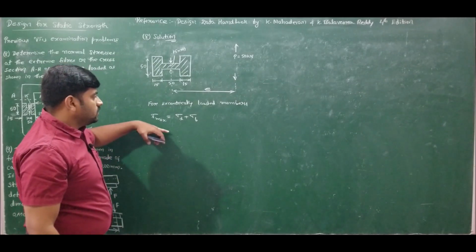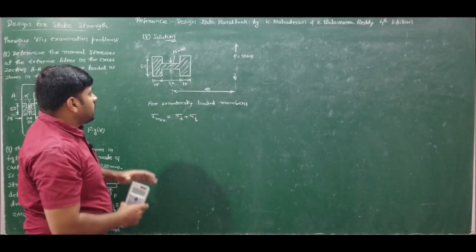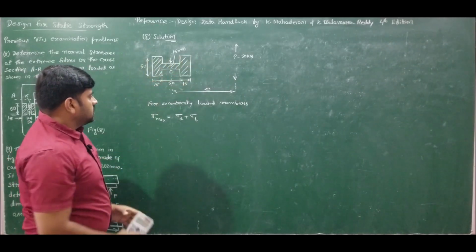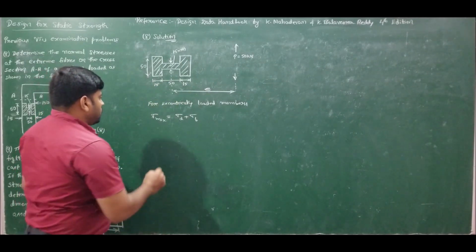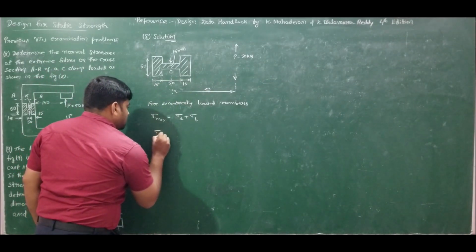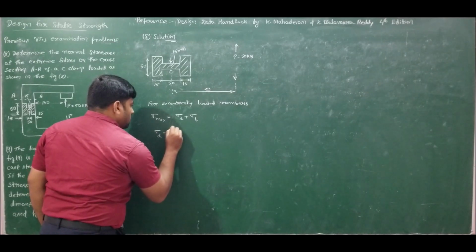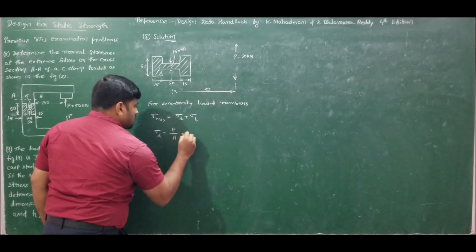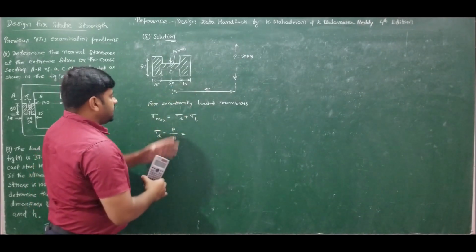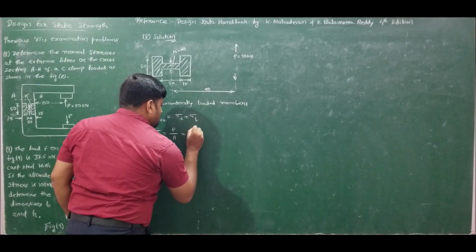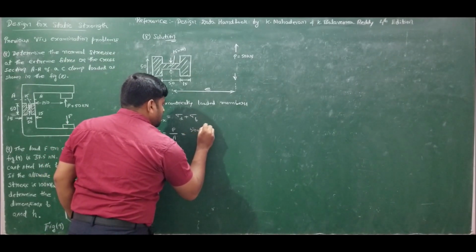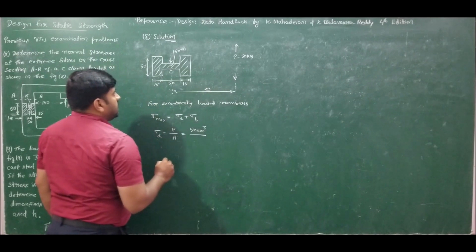This you already know. Now I want to determine the direct stress. Direct stress is known from the basics. Direct stress is given by force by area, which is equal to force acting, 50 kilonewton, 50 into 10 to the power of 3, divided by area.